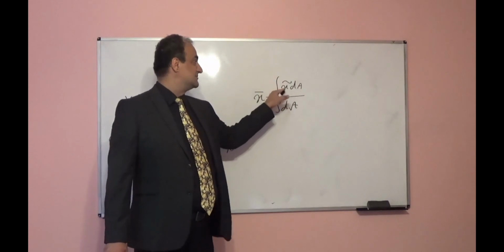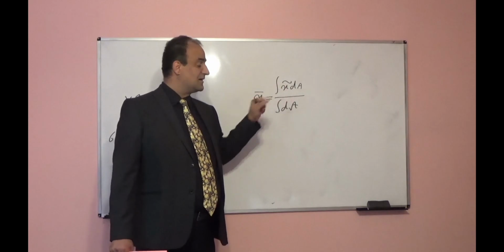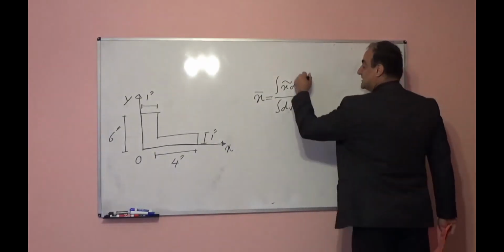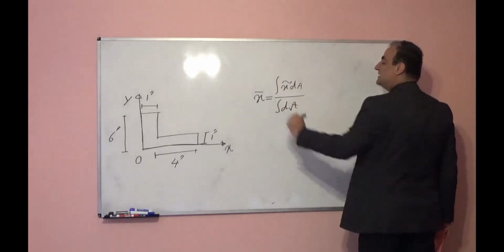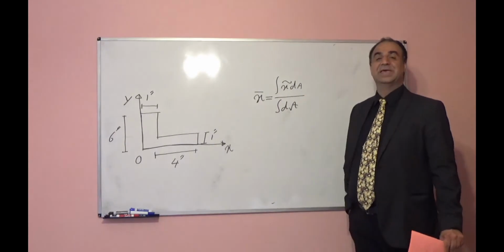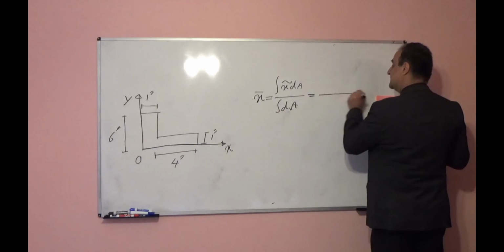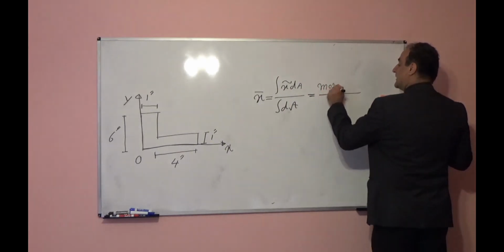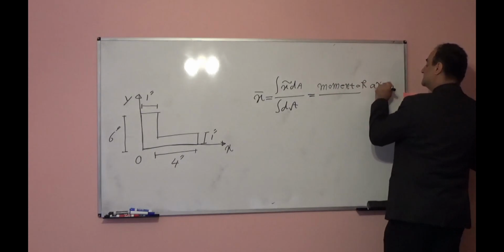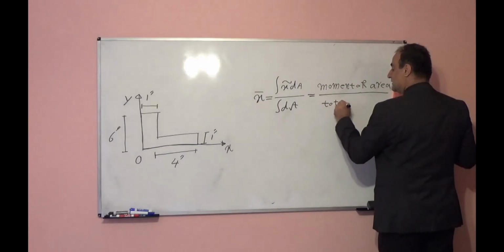This term, the small element area times the distance of that element up to one axis, we call moment of area. So here this term is moment of area, and this term is total area.